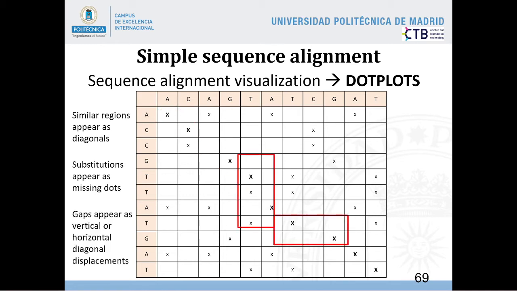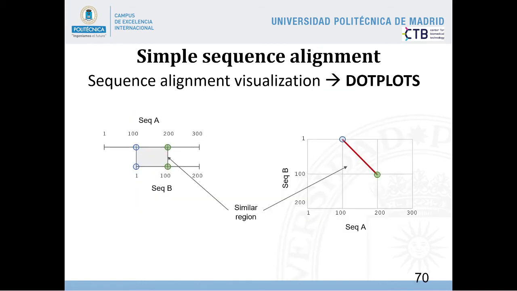Also, we have the gaps when we have displacements in the vertical or horizontal positions. This is what would be interpreted from a dot plot.